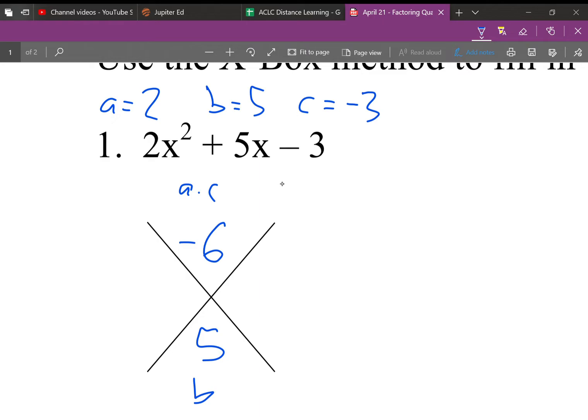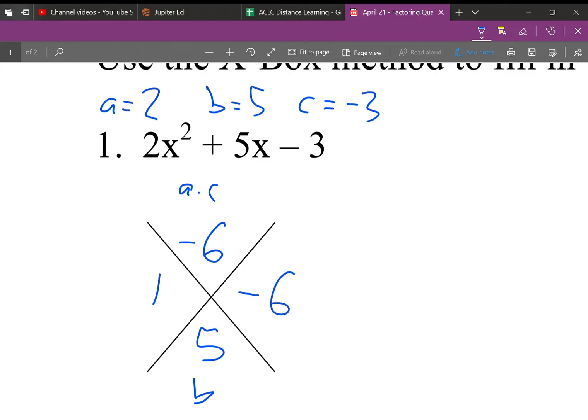Let's try 2 and negative 3. So if I use 2 and negative 3, yes, that would give me the negative 6 on the top. But when I add this together, 2 plus negative 3 is not 5. So that's not going to be it. Let's try something else. Let's try 1 and negative 6.